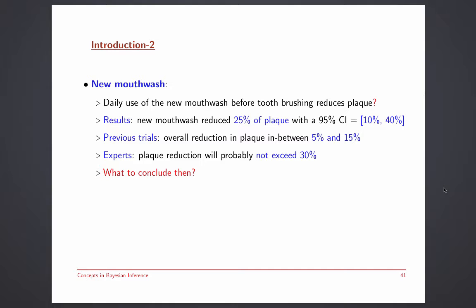The result was that the new mouthwash reduced plaque 25%, with a 95% confidence interval of 10 up to 40%. This is very nice, but in a previous trial, the overall reduction in plaque lay in between 5 and 15%. And experts argue that the plaque reduction will probably not exceed 30%. So, what can we then conclude?